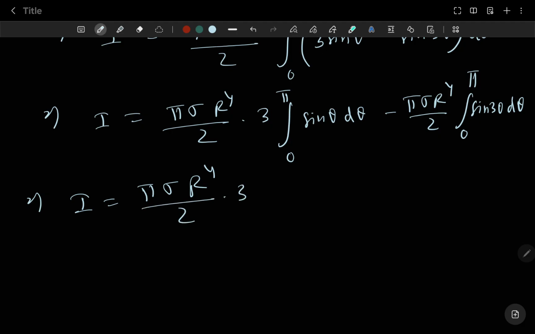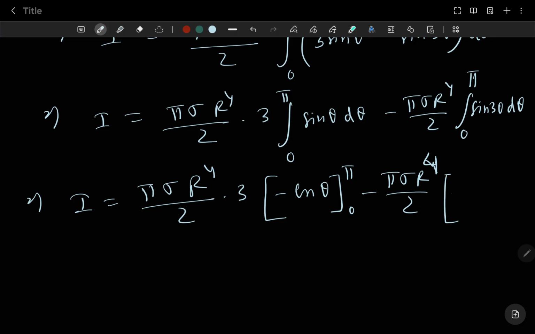Into 3, this is minus cos theta from 0 to pi, and this is minus cos 3 theta by 3 from 0 to pi.